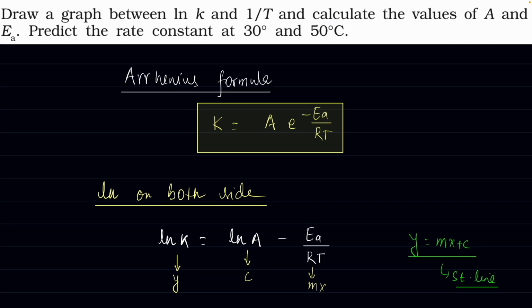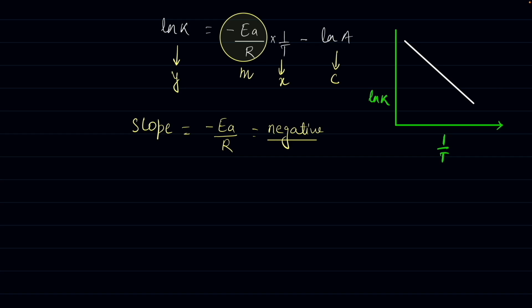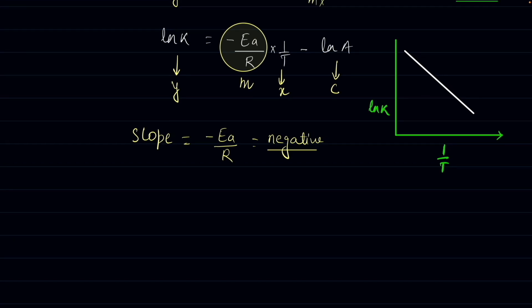In the second part, we have to find the value of A, the Arrhenius factor, and Ea, the activation energy. So let's find it now. We know that slope is equal to minus Ea by R, and slope is nothing but dy by dx. Based on this graph, dy is our ln k and dx is 1/T. So this can be written as ln k divided by 1/T.